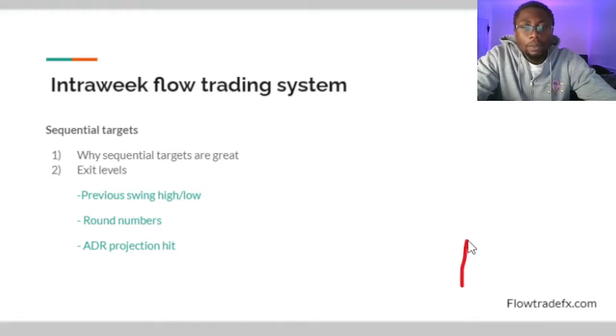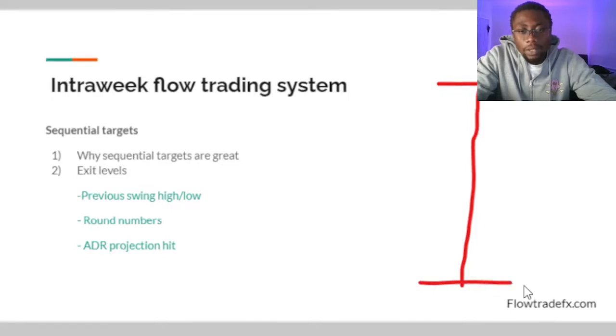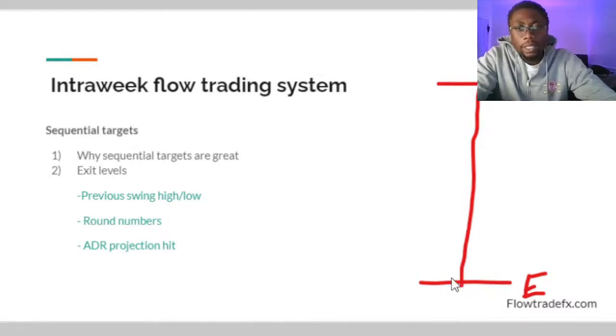Now, when it comes to day trading or intraday trading using these intra-week levels, sometimes we'll have a profit target. So that's our take profit. And then we have our entry down here. I'm going to put an E for entry. Now, along the way, for price to get from here to here, sometimes price will just shoot straight up, and those happen.